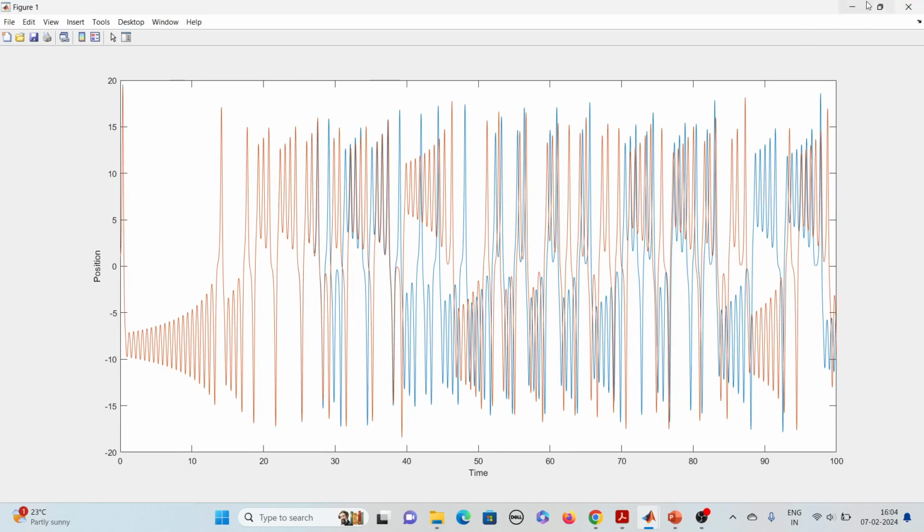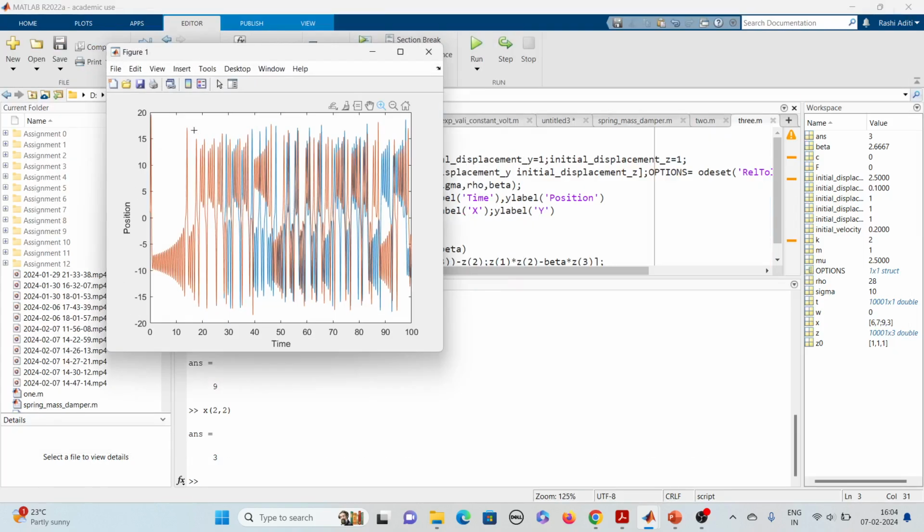But there is one thing to be noticed about the chaotic vibrations, which is that they are actually bounded, isn't it? They are bounded between the values minus 20 to 20. It is always in between minus 20 to 20. It is never going to an infinite value, which is a very nice thing about chaos. It can never go to an infinite value.